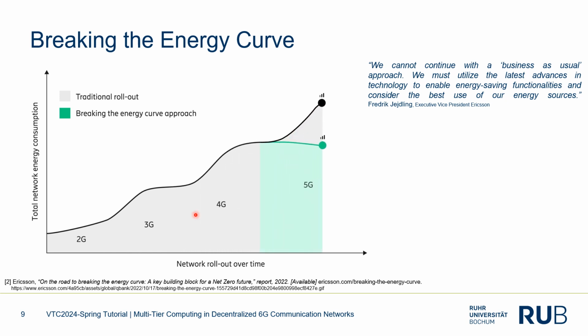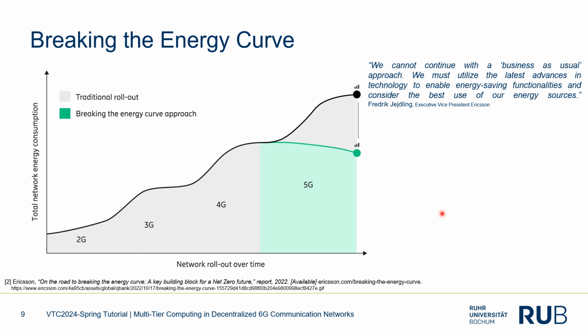So the idea now is that we cannot continue with business as usual. In 6G, we have to be able to break this energy curve by using the latest advances in technology, which enable energy-saving functionalities.